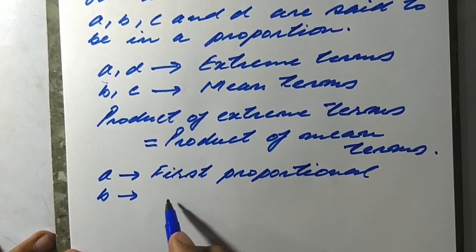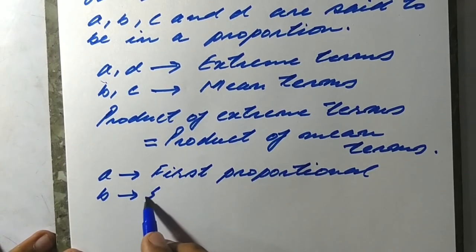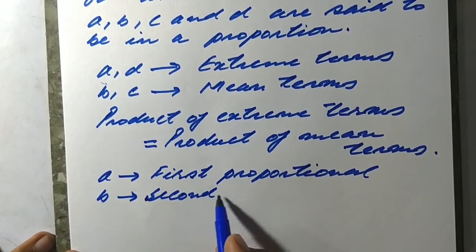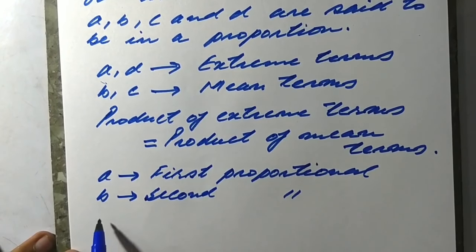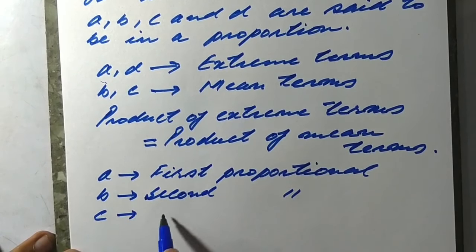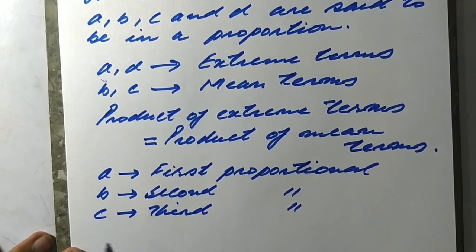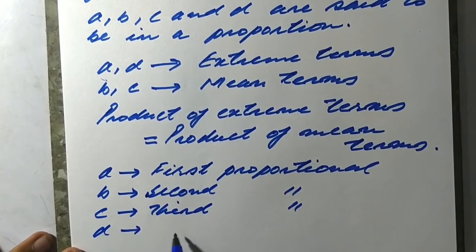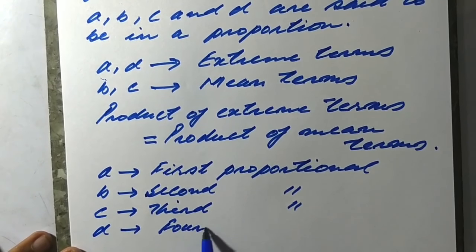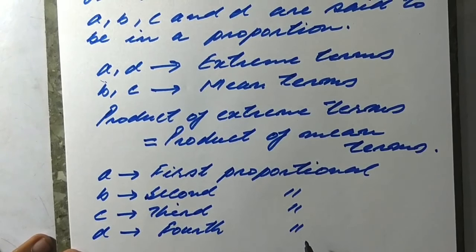B is said to be second proportional. C is called third proportional, and D is called fourth proportional.